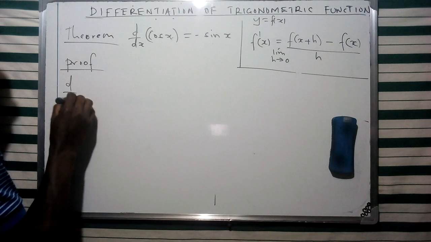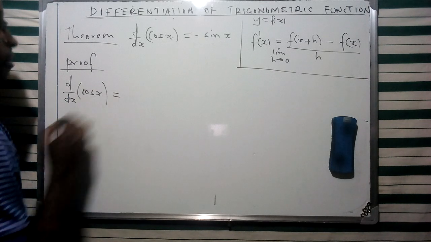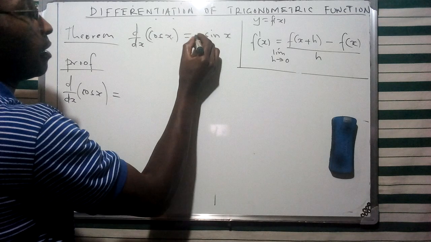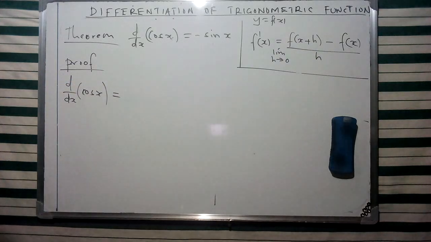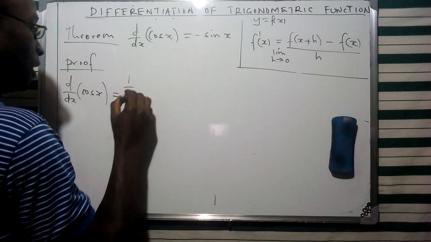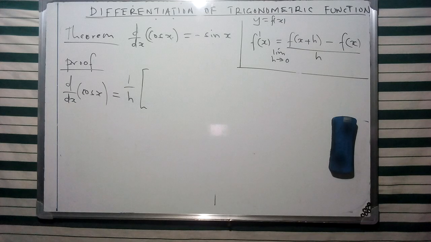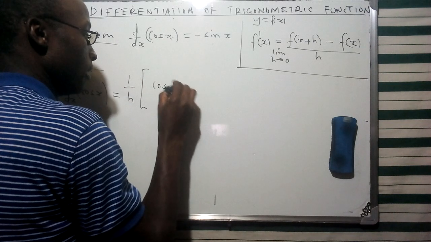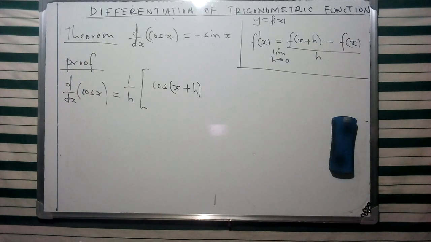So we have d over dx of the cosine of x, and I'm going to rewrite this, the negative sine of x, in terms of this difference quotient, which I've put on my right side. This is going to be given in terms of 1 over h, and then the first set. Whenever we have these specific angles for the cosine, we can write this in terms of the cosine of x plus h.